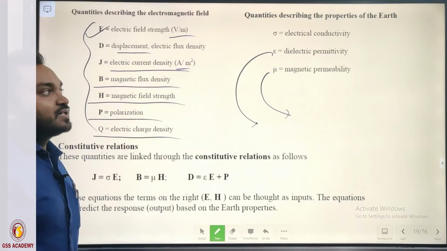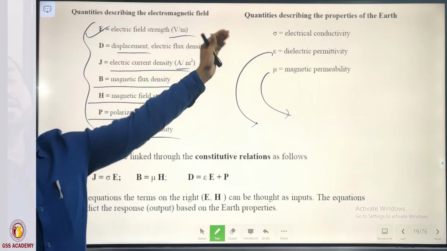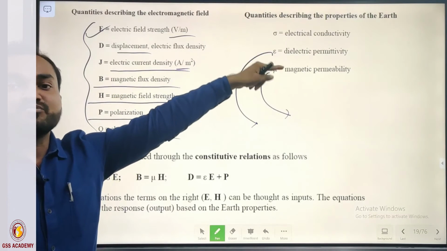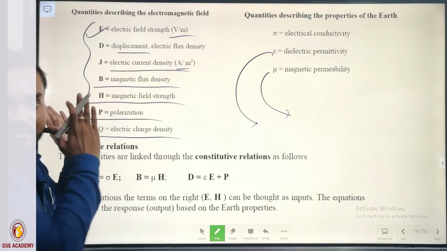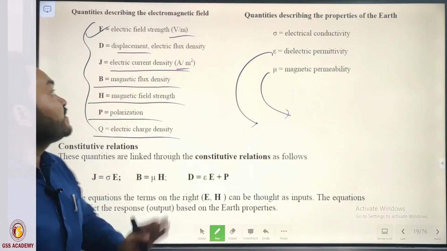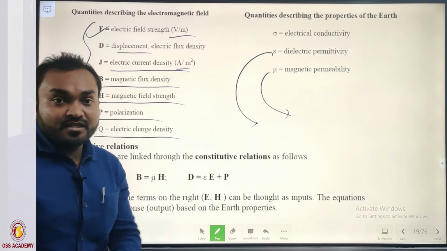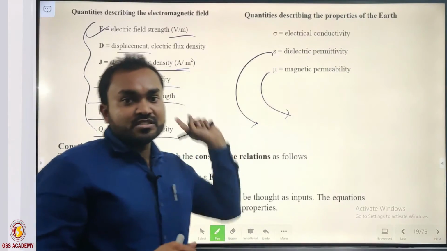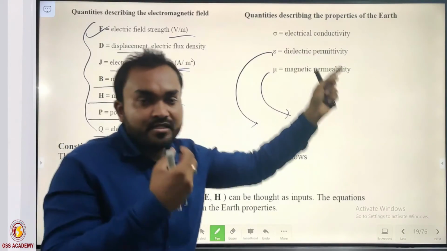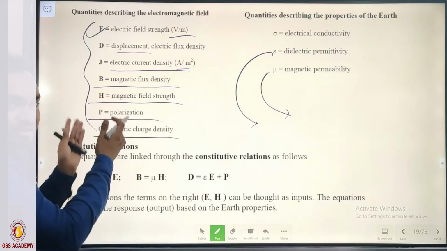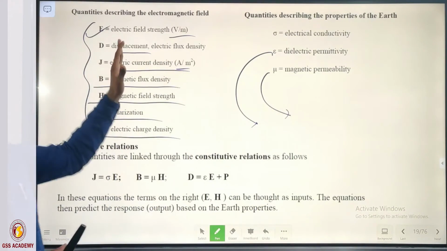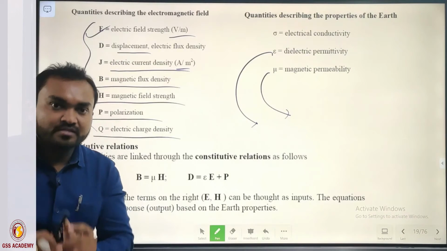These are the quantities that describe the earth's properties, and the others are the quantities that describe the electromagnetic field. Okay, so don't confuse these two. This side describes the properties of the earth, and this side describes the electromagnetic field.